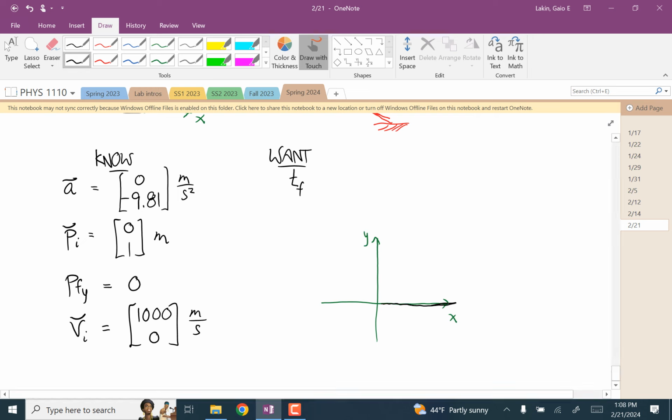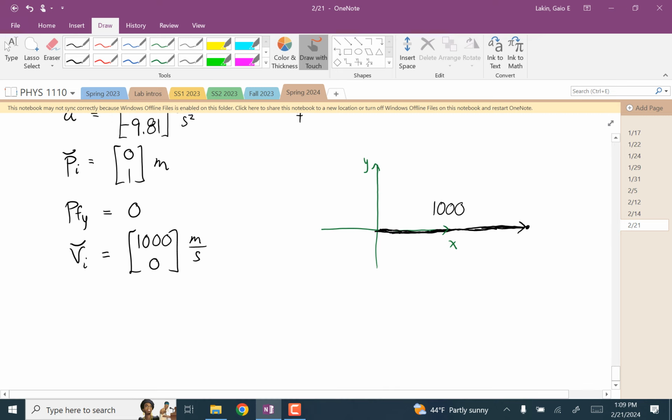The velocity vector, put the tail at the origin. And it's this long vector with a length of 1,000. And then the coordinates of the head of the vector would be 1,000, 0. Okay.